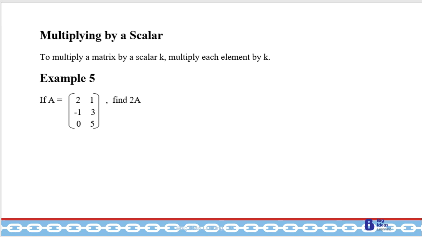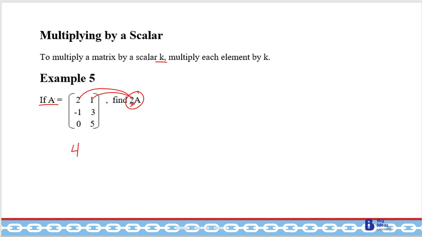Next up, we have multiplying by a scalar. We are going to scale our matrix by this k factor. So if I have matrix A here, they want us to find 2A, so 2 is my scalar. I am going to multiply every term, every element, by the 2.